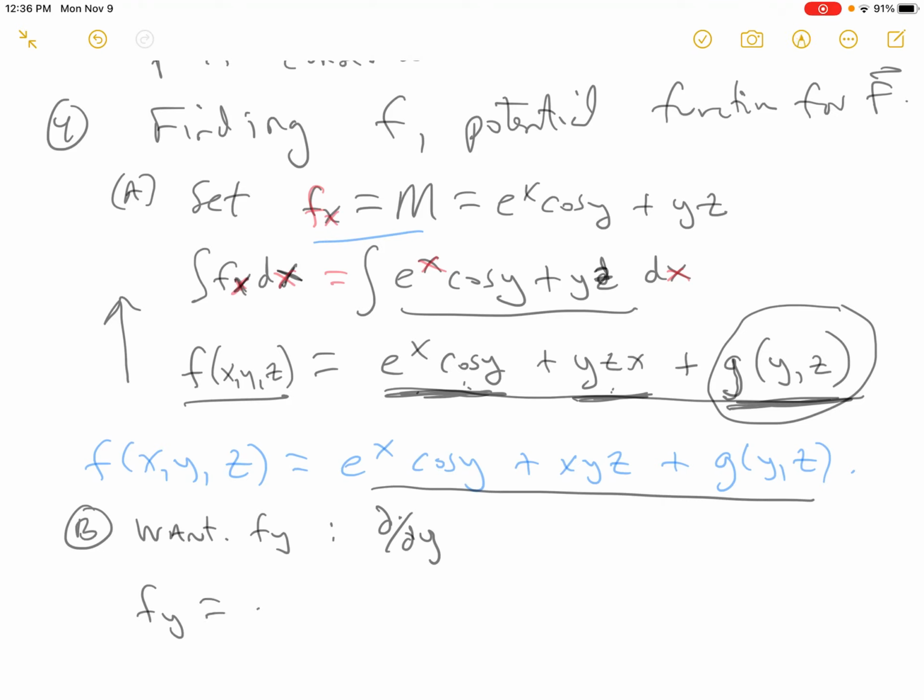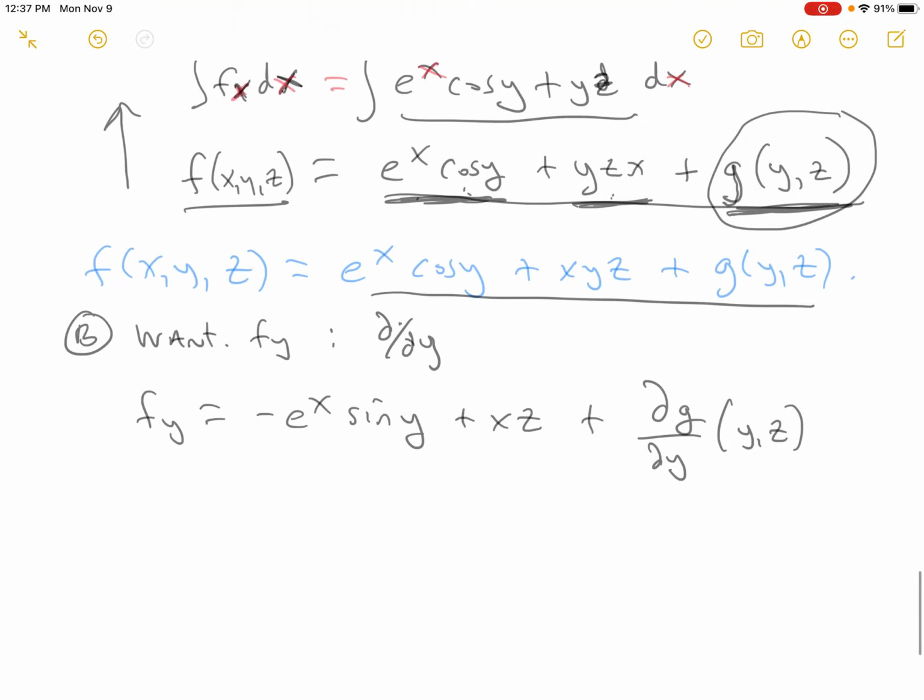So f_y is minus e to the x sine y plus xz plus the partial with respect to y of this function g, which we don't know, right? It's an unknown function. Here's the kicker, but f_y equals N.